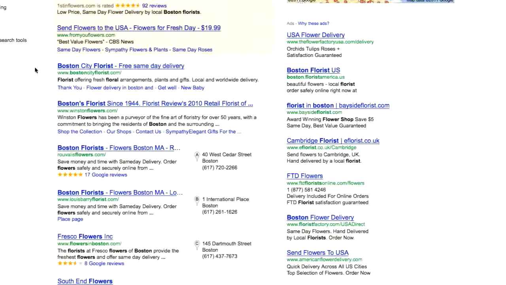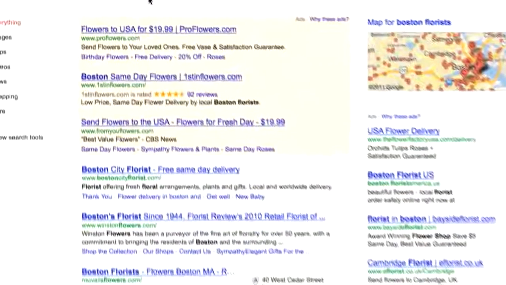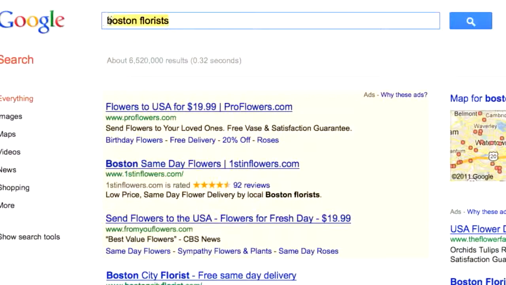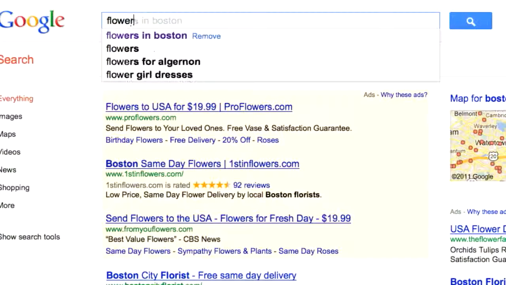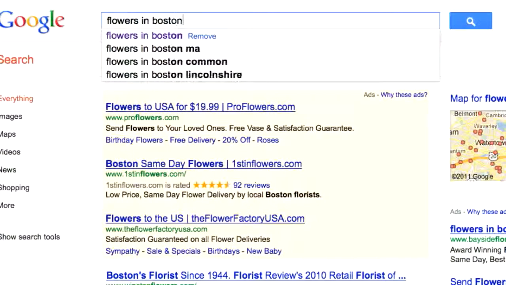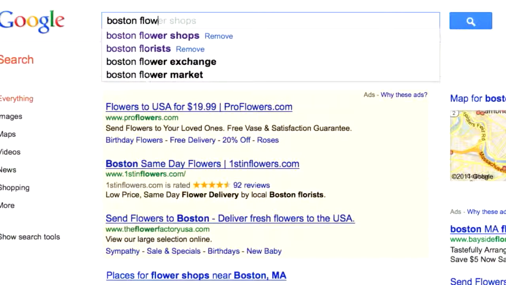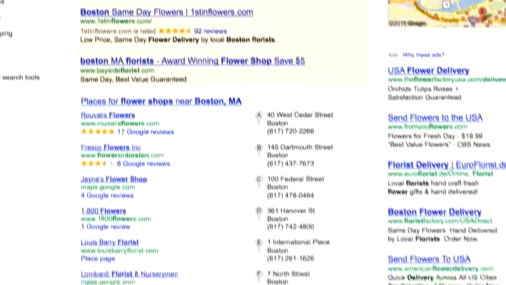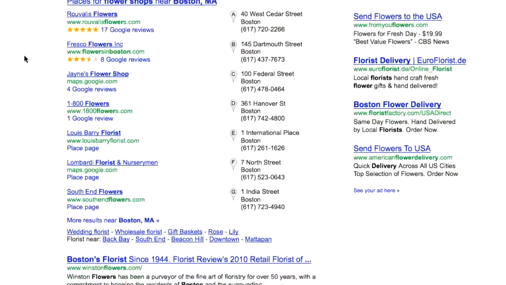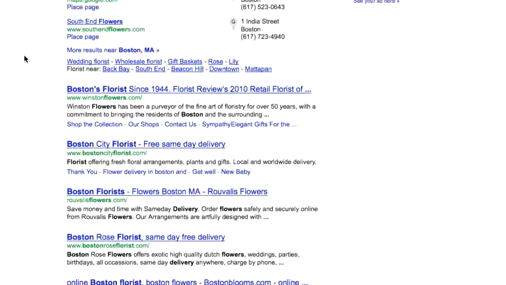But let's not stop here. Okay, so you're a Boston florist. But how many people, when searching for a business like yours, will type in precisely Boston florist? Some, maybe, but certainly not all. If I were sitting there in front of my computer in Boston, I personally would type in something like flowers in Boston. Or maybe Boston flower shops. And you'll see that in each case, we get slightly different results.